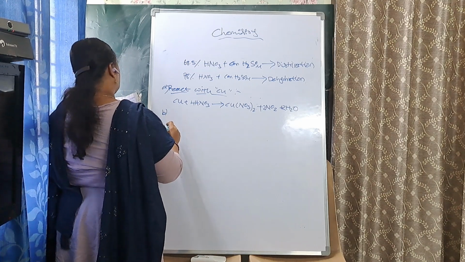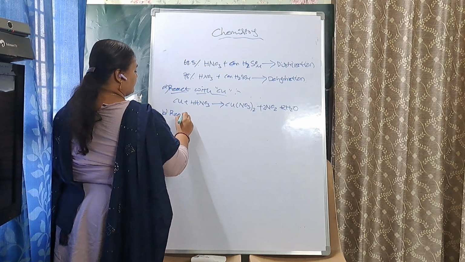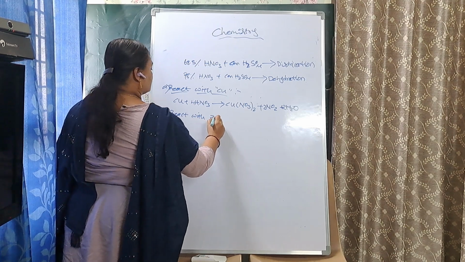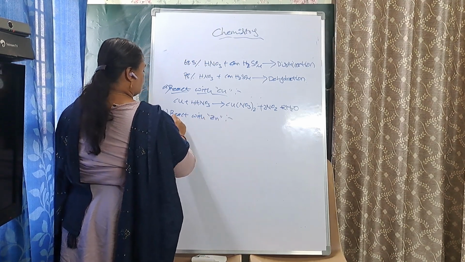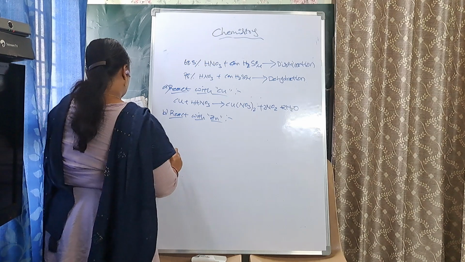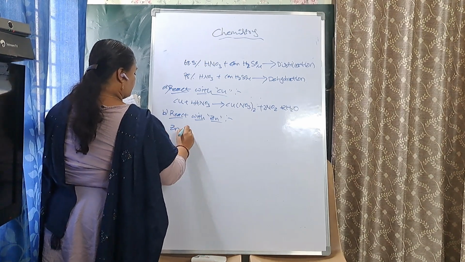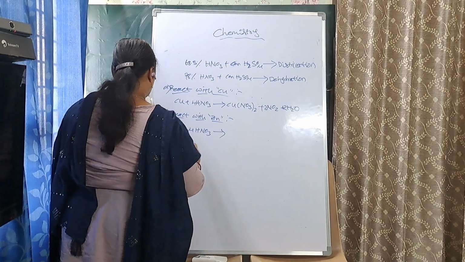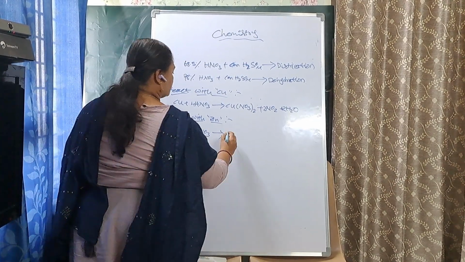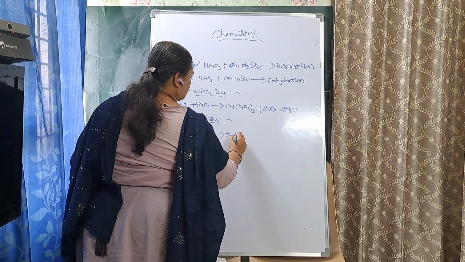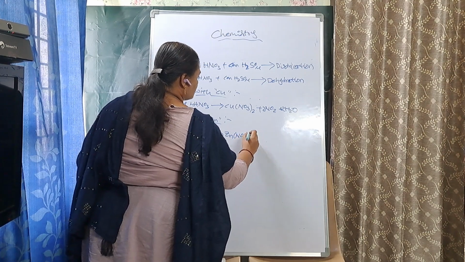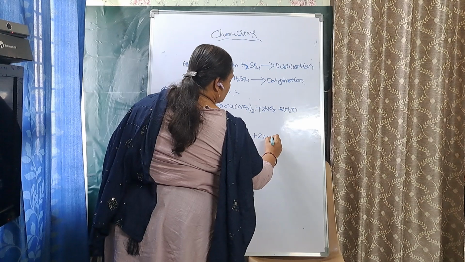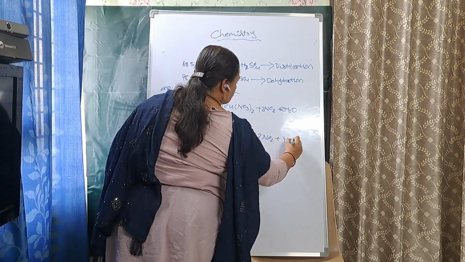Next, B, react with zinc. When zinc reacts with nitric acid, we get zinc nitrate, the same way, because all these belong to the metals family, so we get nitrogen dioxide plus water.